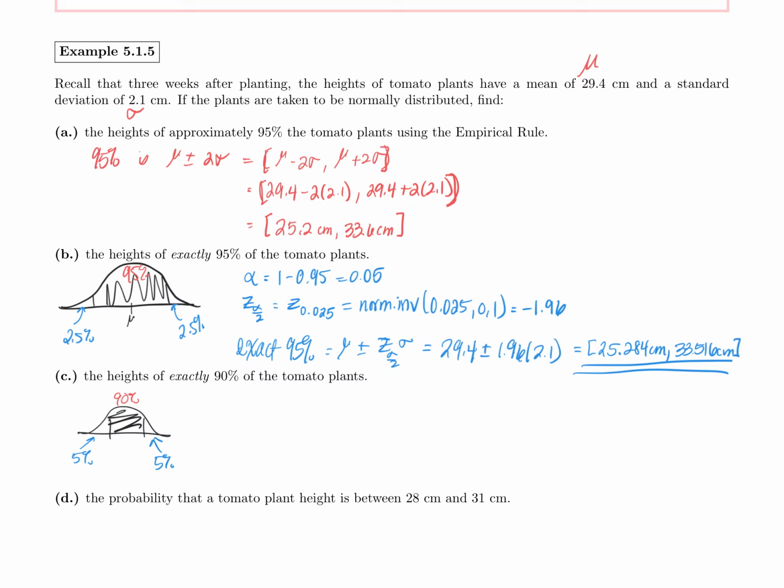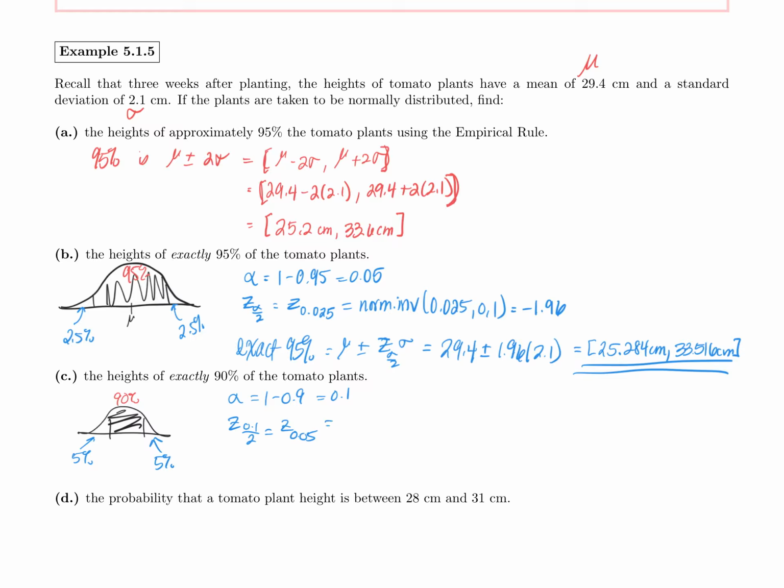So in this case, we have to find our z of 0.05. Our alpha would be 1 minus 0.9, which is 0.1. So our z of 0.1 over 2 would be our z of 0.05, which we already just said we needed.